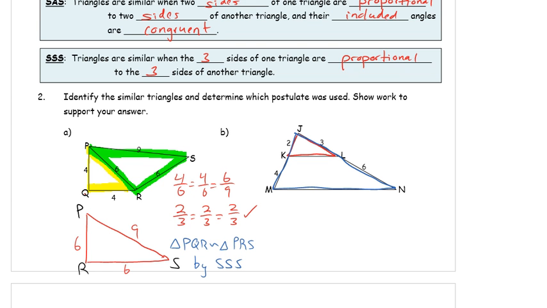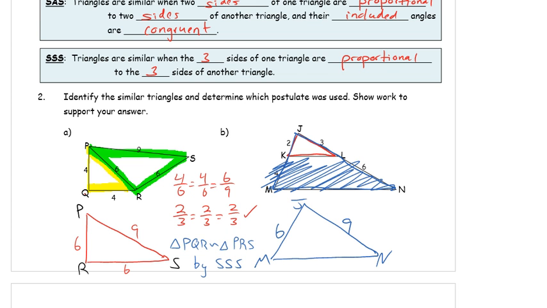I'm going to go ahead and redraw the bigger triangle below. That's going to be MJN. Now your sides, MJ is going to be 4 plus 2 or 6. JN is 3 plus 6 or 9. Okay, and now I'm just going to get rid of this bottom triangle. I don't really want to look at it because there's too much going on.